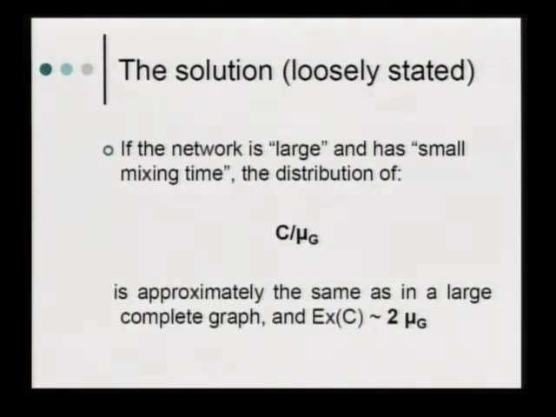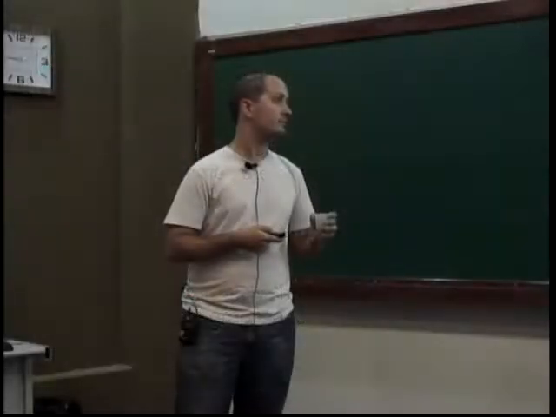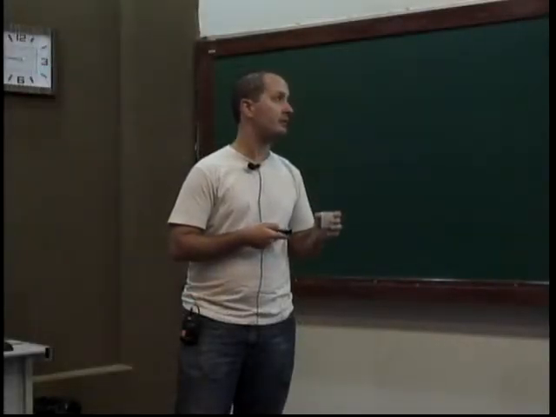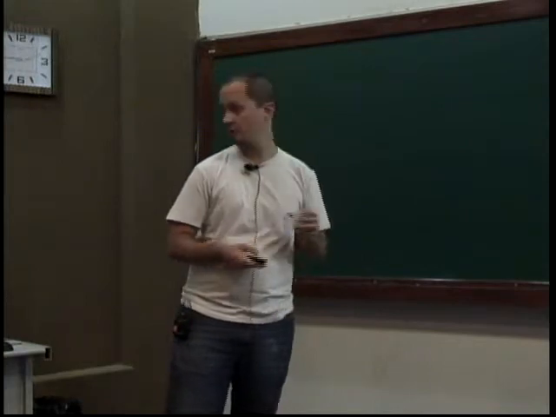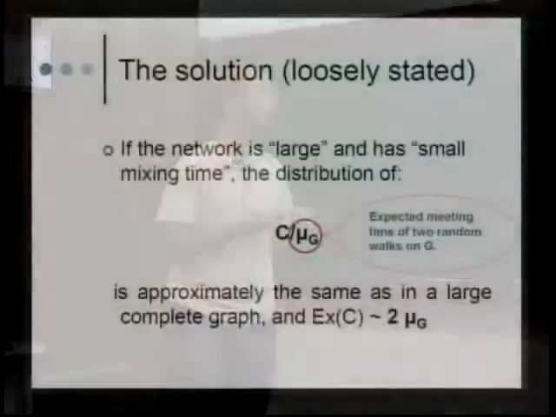Mean field means for me a model with no geometry, so the complete graph. And moreover, the expected value of this consensus time is twice this mu sub g, so I'd better say what mu sub g is.